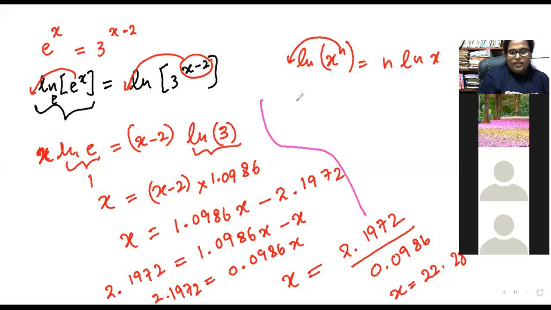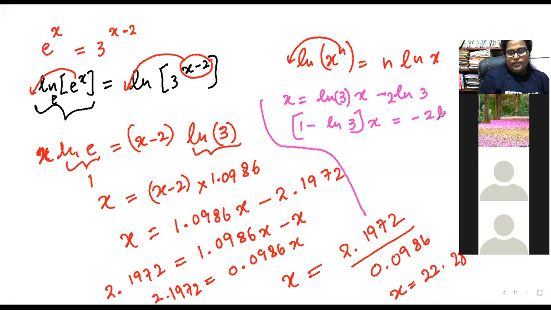So here you can simplify this one as x equals ln 3x minus ln 3 squared, ln 3, and here you can write this one as x minus ln 3 x equals minus 2 ln 3, and x equals minus 2 ln 3 divided by 1 minus ln 3. So the same answer comes when you are simplifying this one by using the calculator for ln 3, right?